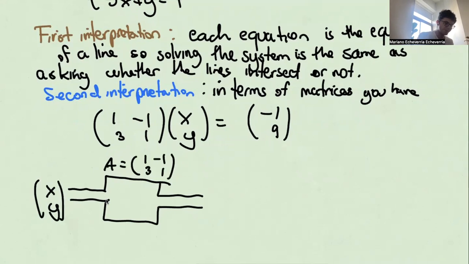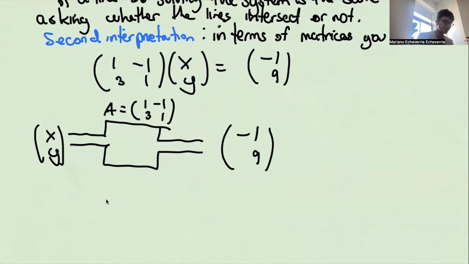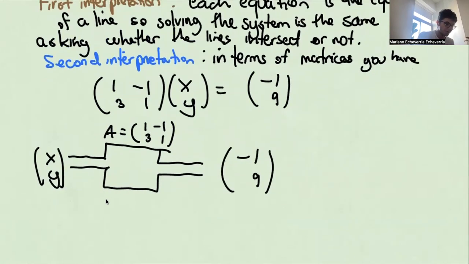And the idea is like the output, right? Remember, when you think of the matrix as a machine or a process, the output would be the product, so it would be (-1, 9). So from this point of view, solving the system of equations is trying to find the right input that will give you the desired output.